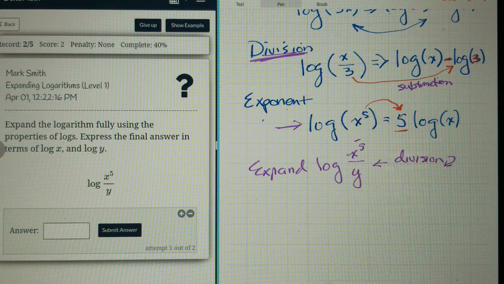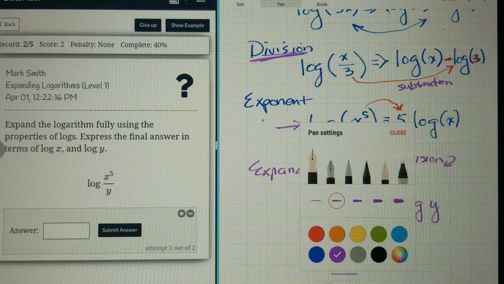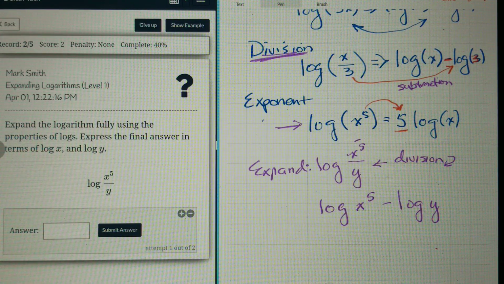The first thing I'm going to do is just change this into log of x to the 5th minus log of y. So because it's division, we have subtraction, and we're just going to take this y and put it over here and subtract it from the x. That was easy.